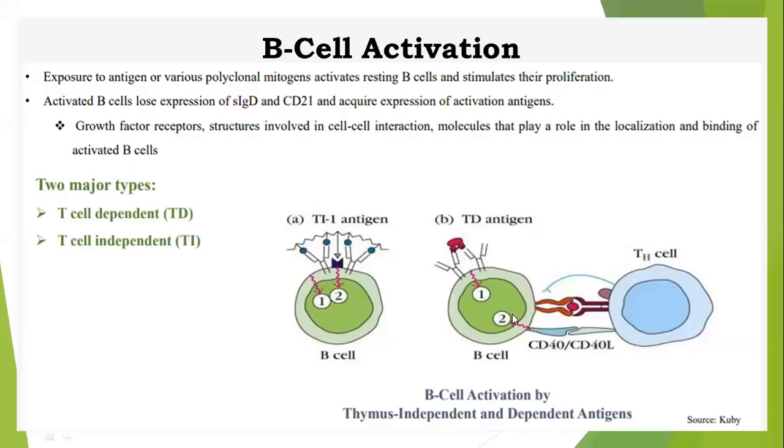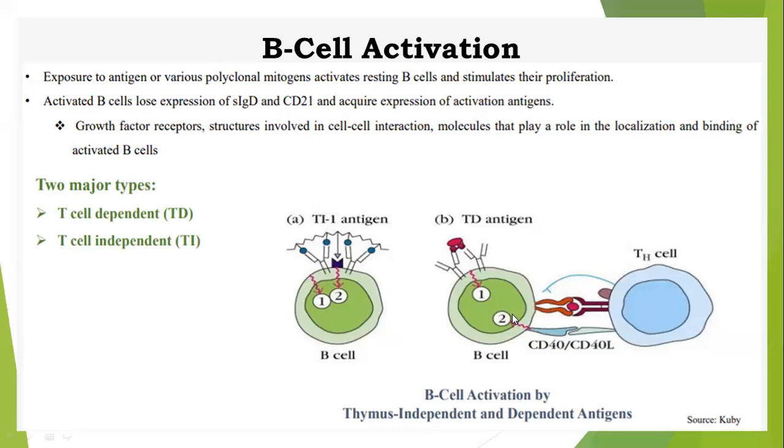We did talk about T-cell activation, and we talked about development, and we talked a bit about B-cell activation. We mentioned two types of activation: T-cell dependent activation, and T-cell independent activation.